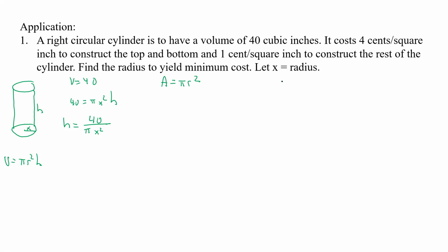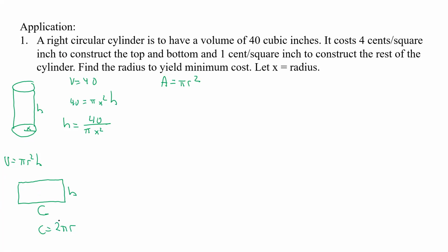Now, do we remember the circumference? Because our side is, if we cut down one line, it's going to end up being something like that, where we're going to have our height, and then when we unroll it, depending on how long that is, that's going to be the circumference of that circle. Okay, so that's the circumference of the circle. Well, what is the circumference of the circle? That's 2 pi r.